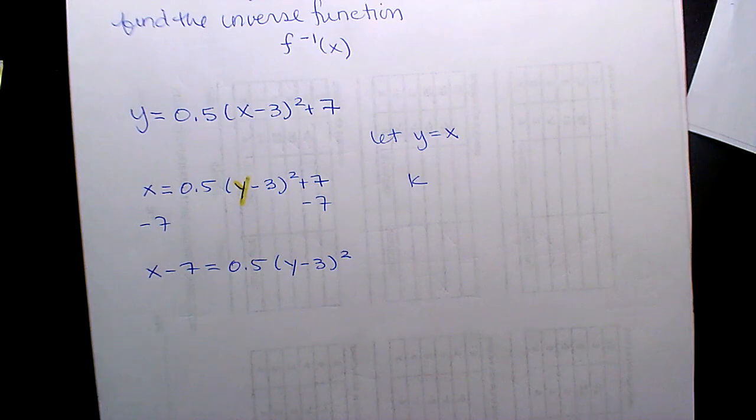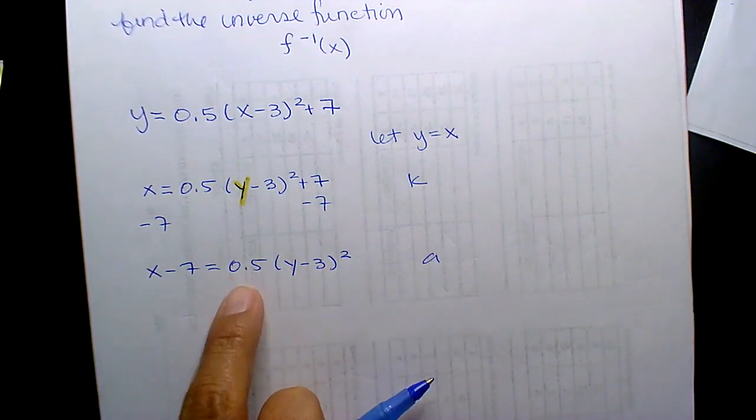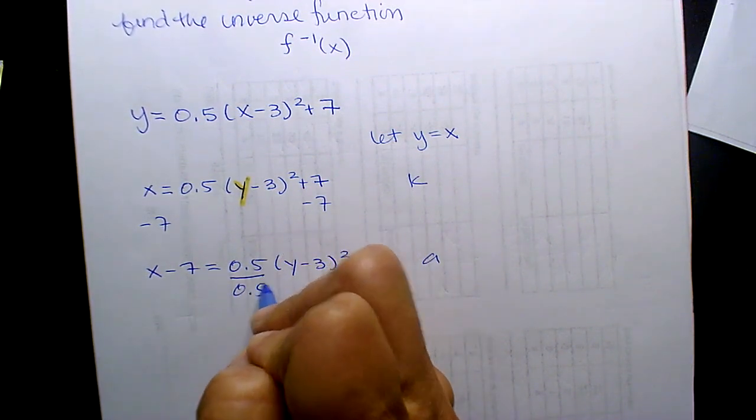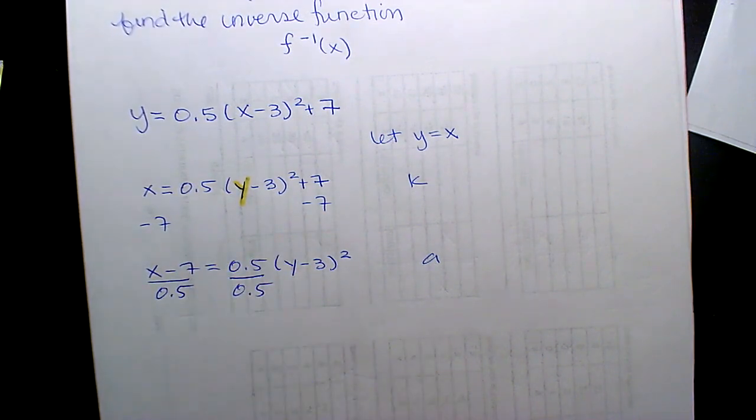Okay, what's the second step then? Yeah, the 0.5. So now you go for your a value. This is the coefficient to this grouping. You want to divide it out. If you reciprocal it or divide it out, it's going to go to both of these. So it's up to you.